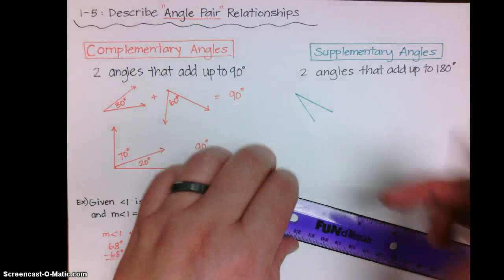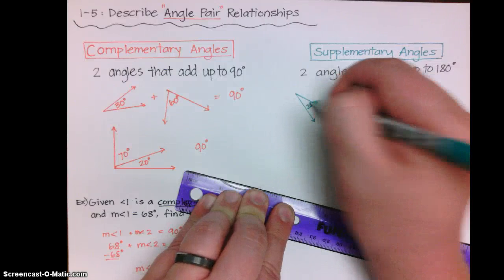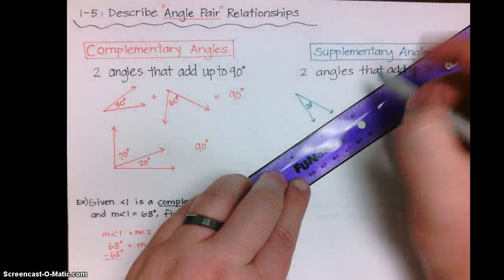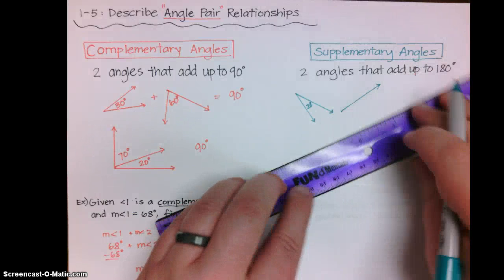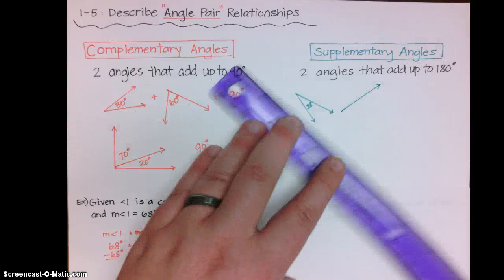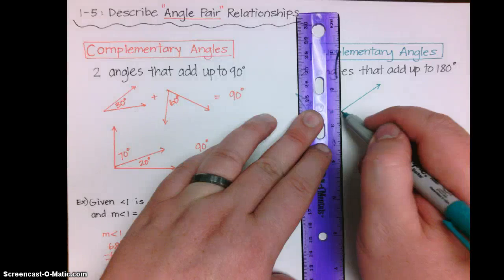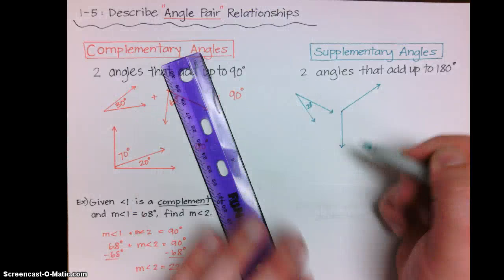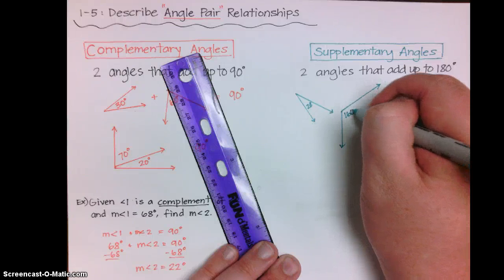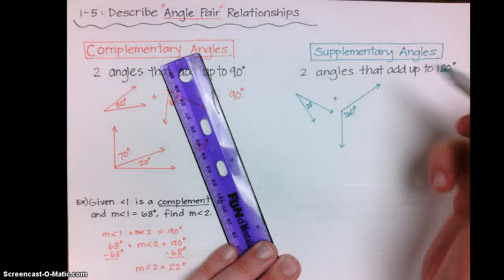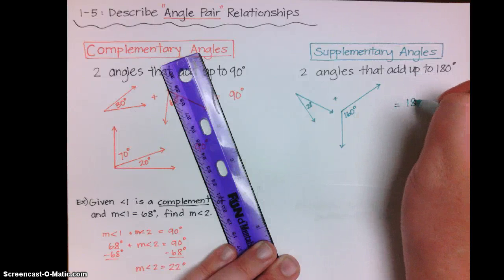We'll say that this first angle is maybe 20 degrees. And then I can have another angle that's going to be spread open pretty wide. Let's see, maybe something like that. And this one might be 160 degrees. And I can see that if I add 20 plus 160, that's going to add up to 180 degrees.